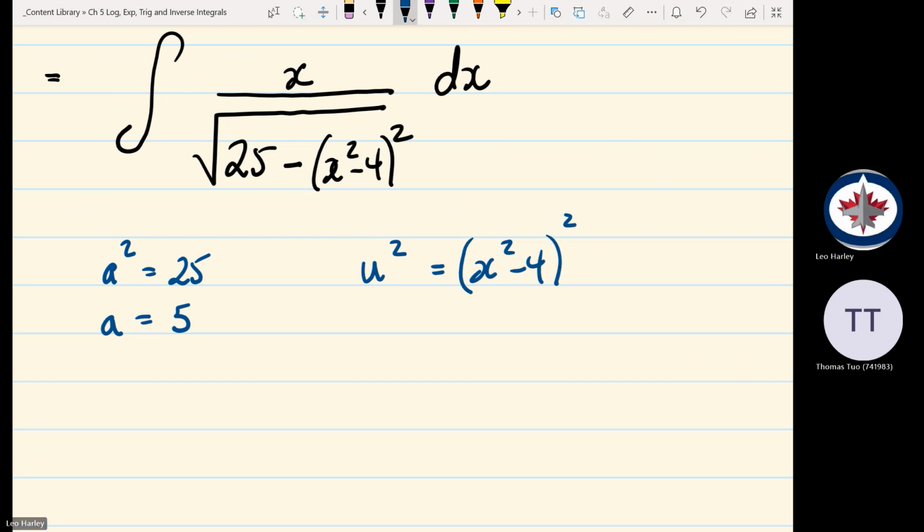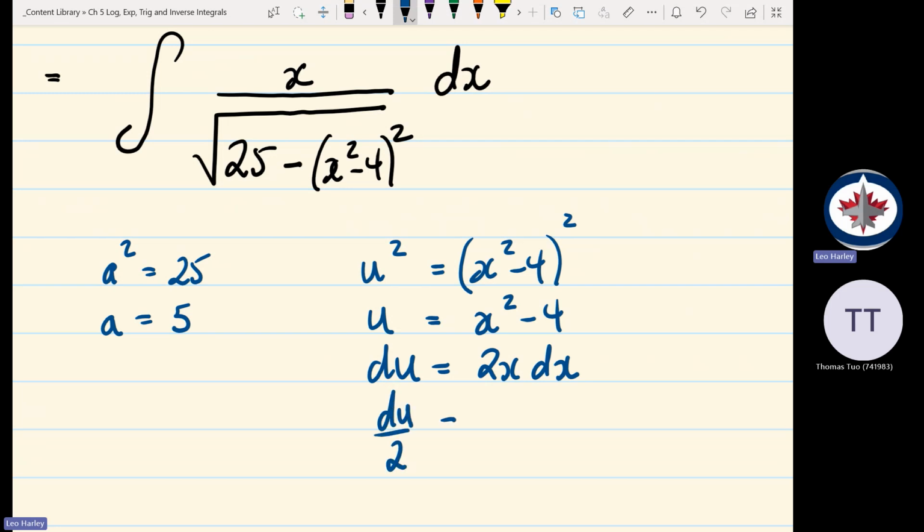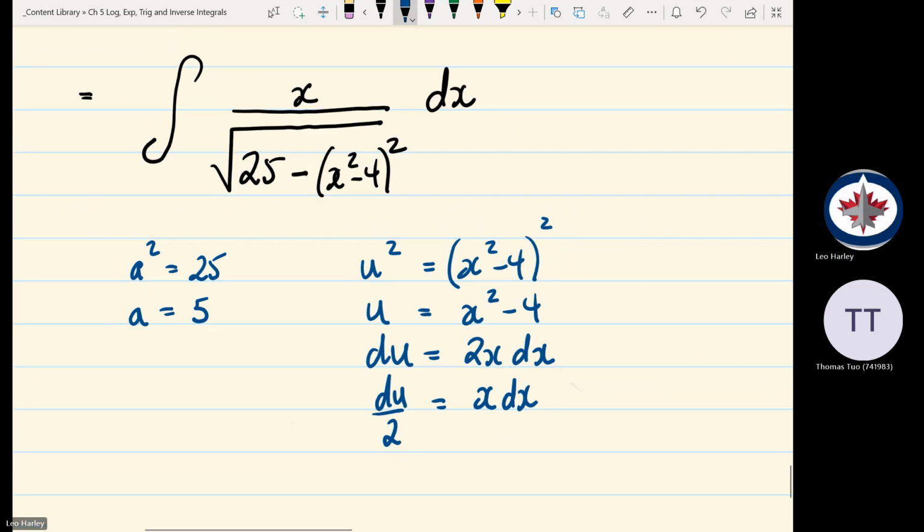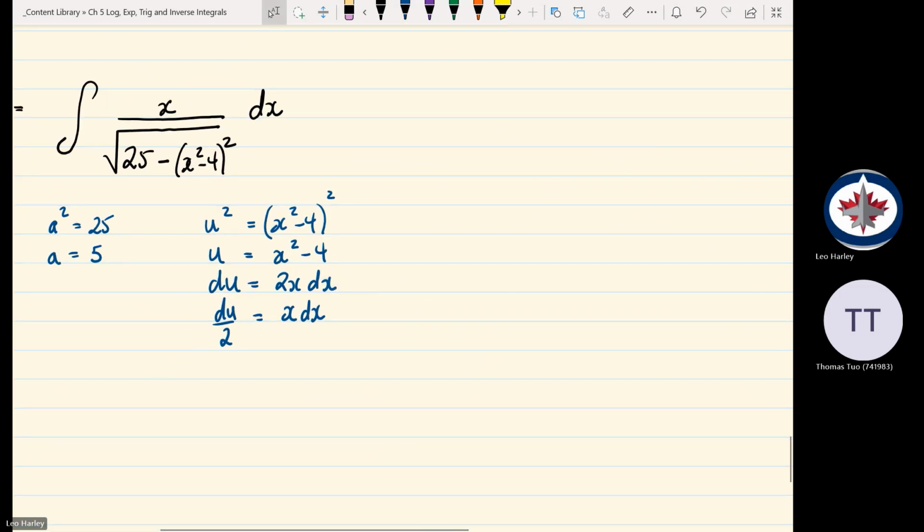Therefore, u itself is x squared minus 4. du happens to be 2x dx. Therefore, du over 2 is exactly x dx. So if we organize this correctly, we're going to have to factor out the 1/2.